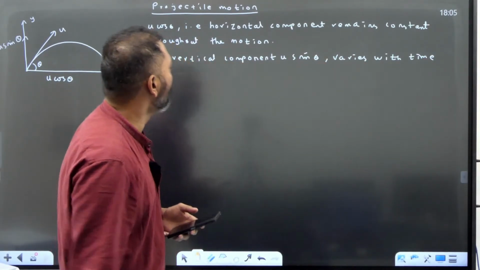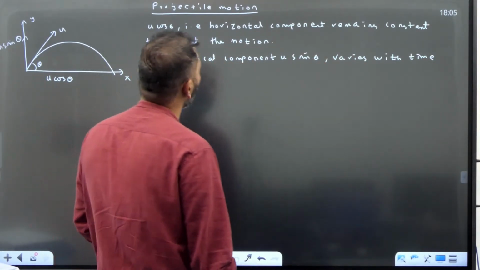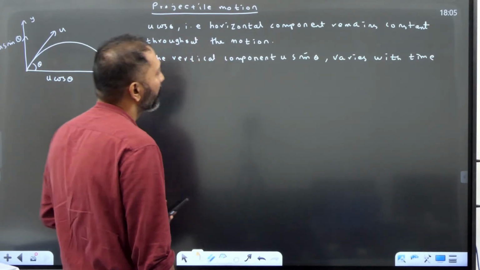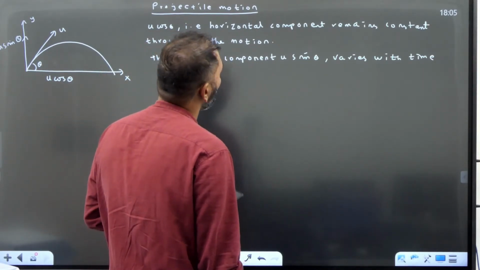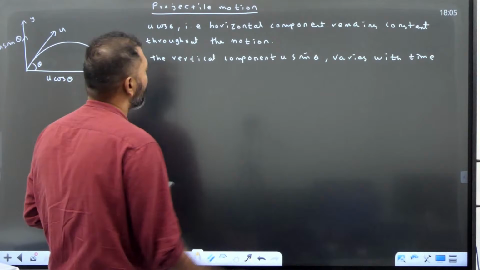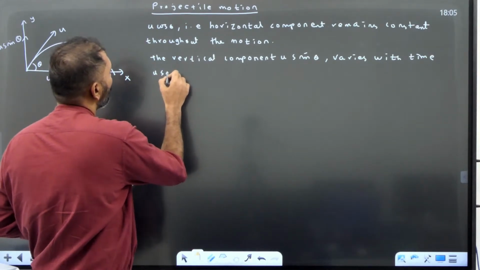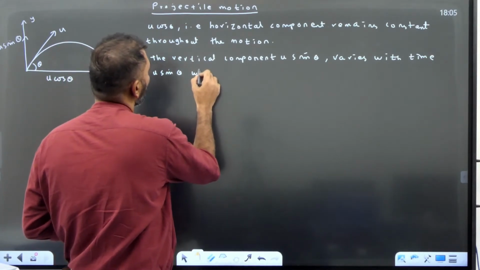All of you, good evening. We are continuing with the projectile motion. The vertical component U sin theta varies with the time. U sin theta will be maximum initially.